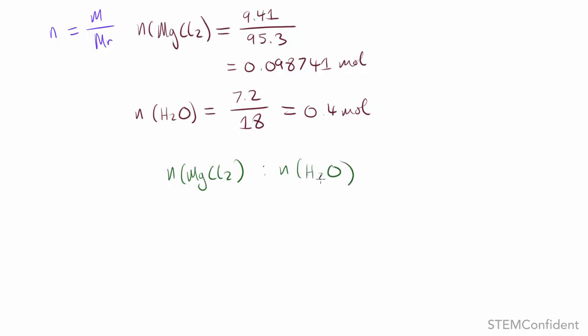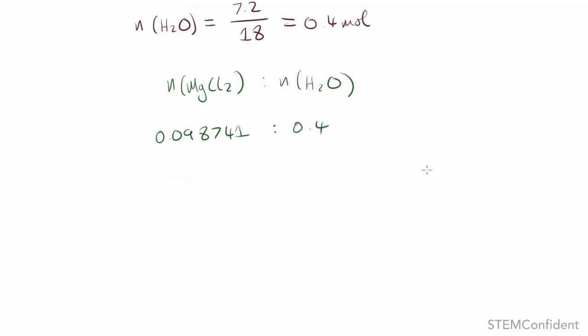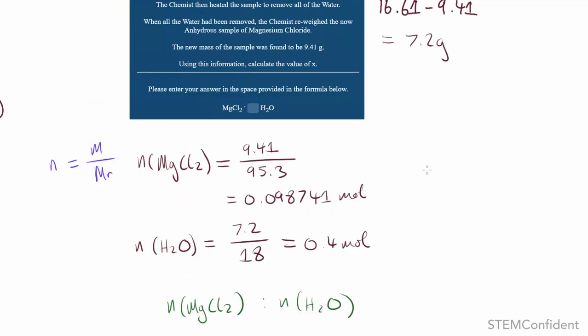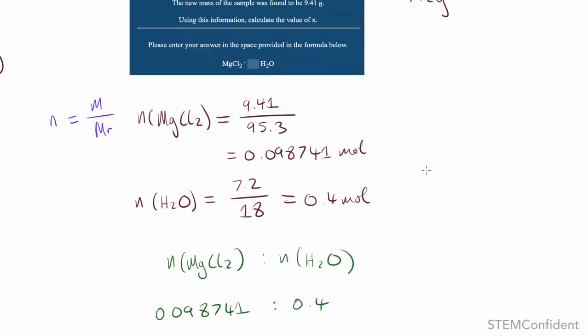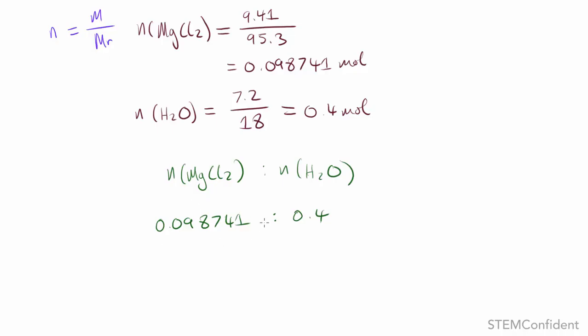And if you add the corresponding mole values, 0.098741 on this side is a ratio with 0.4 on this side, right? What we want to do is get the value on the left-hand side, the MgCl₂ component. Effectively, the question is, for 1 mole of MgCl₂, we're going to have a certain number of moles of H2O, right? So we really want to get the value on this side to be a 1.